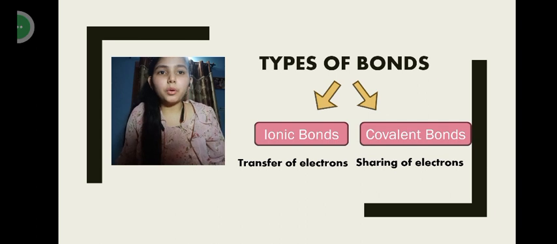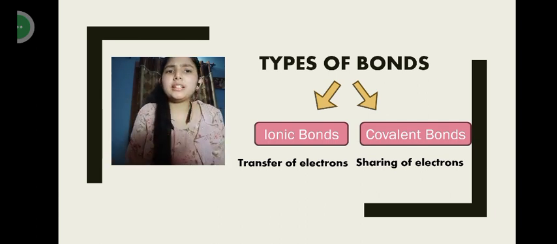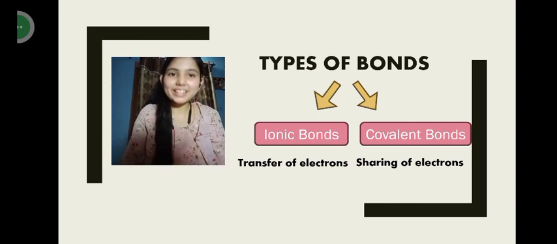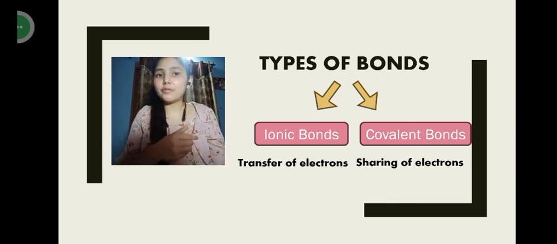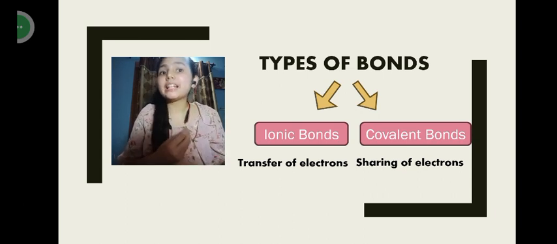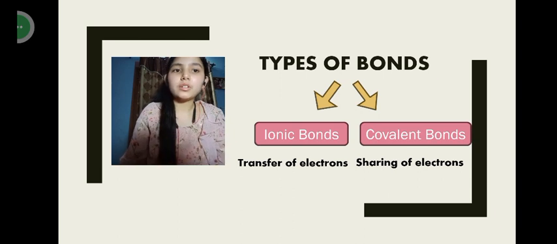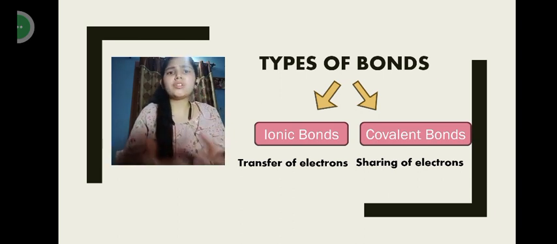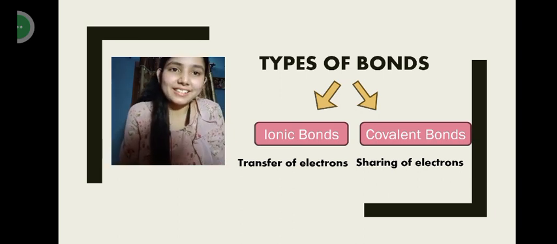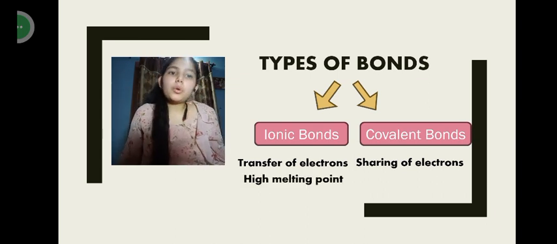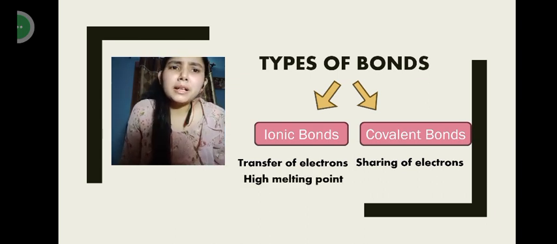In a covalent bond, no one has individuality. No one is the owner, they are just sharing the electrons. Like the friends are sharing the necklace, here elements are sharing their electrons, and specifically non-metals are sharing their electrons.